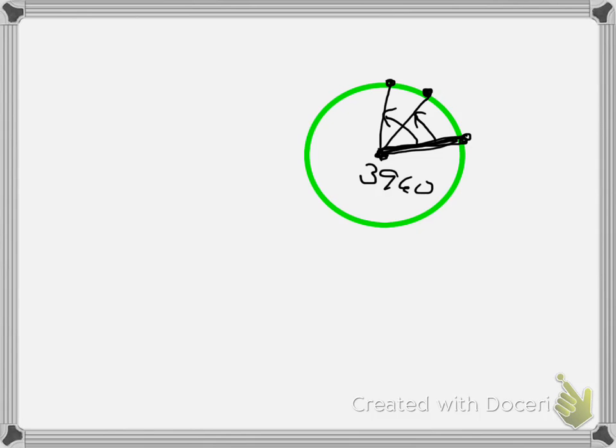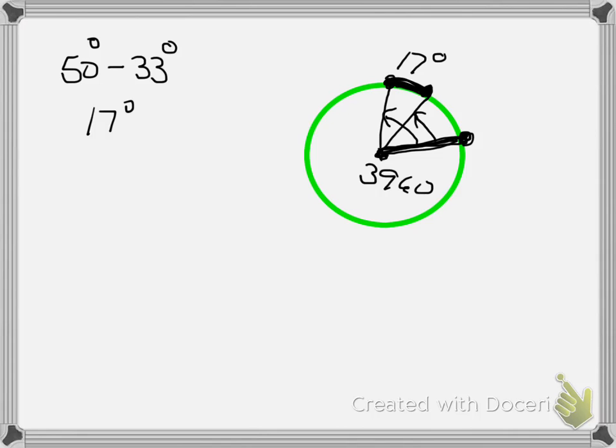If this is the equator, the distance between these two cities is this arc right here. So I need the difference between those two angles. 50 minus 33 degrees gives me the angle of 17 degrees. So right here is 17 degrees.